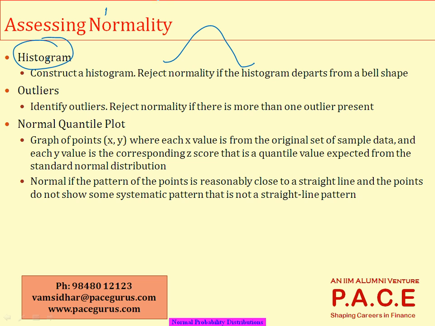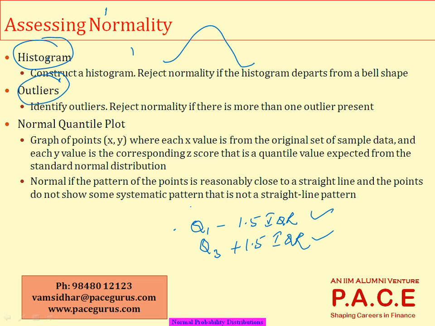The second thing is to look at the outliers in the data. We have different mechanisms of finding outliers, but one of the most common is either Q1 minus 1.5 times the interquartile range or Q3 plus 1.5 times the interquartile range. If my data value is either below this or above this, I call it an outlier.